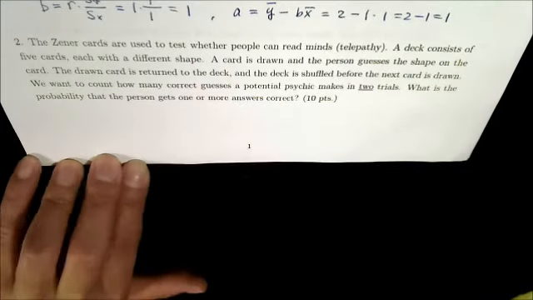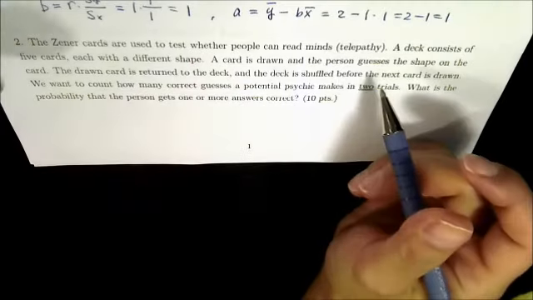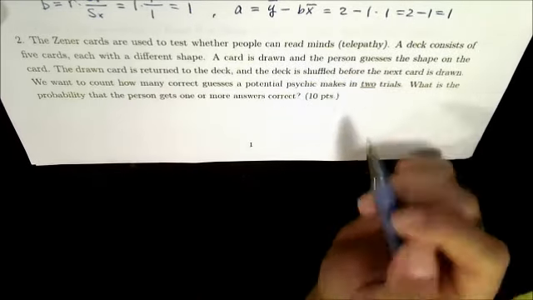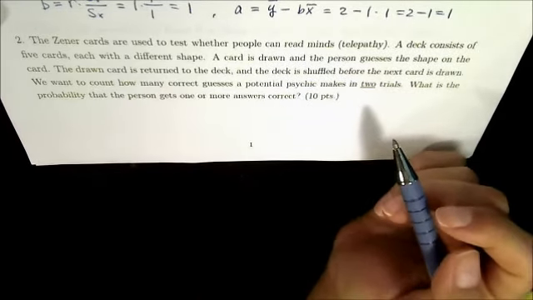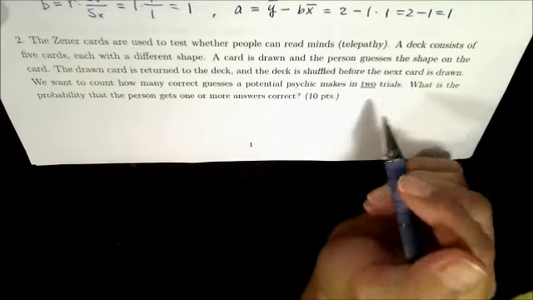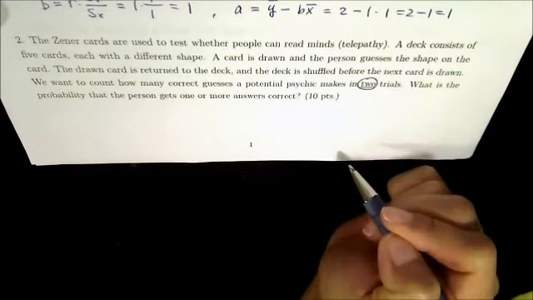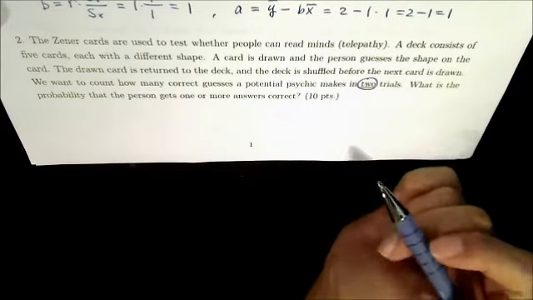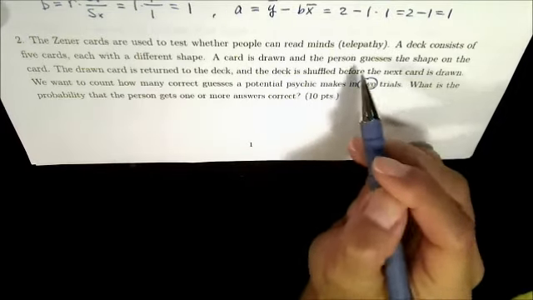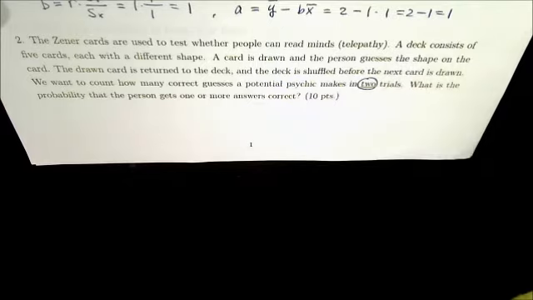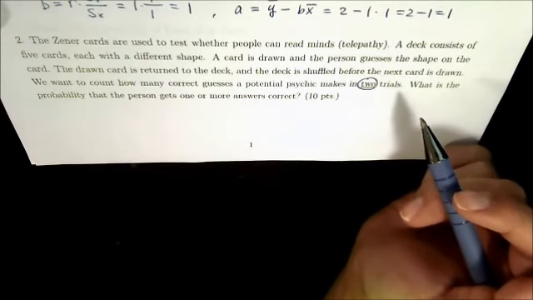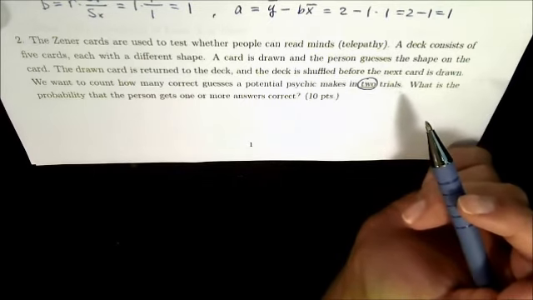So first, this is a binomial probability, right? How can I know it's binomial? First, the number of trials is fixed. Where is the number of trials? 2 trials. And second, there are only 2 outcomes. Here, either the guess is right or wrong. The success is that the answer is right, and the failure is that the answer is wrong.